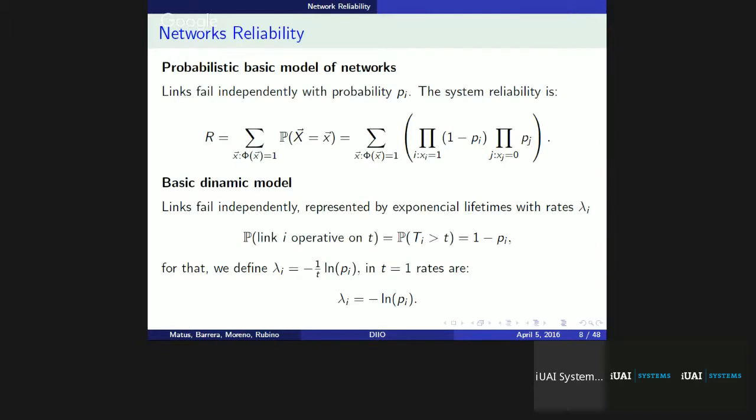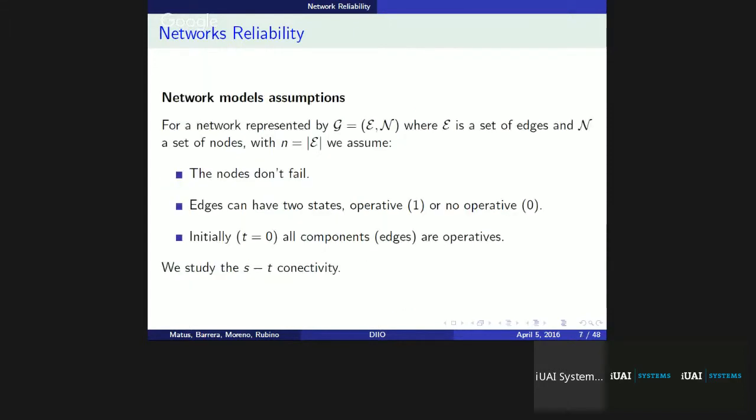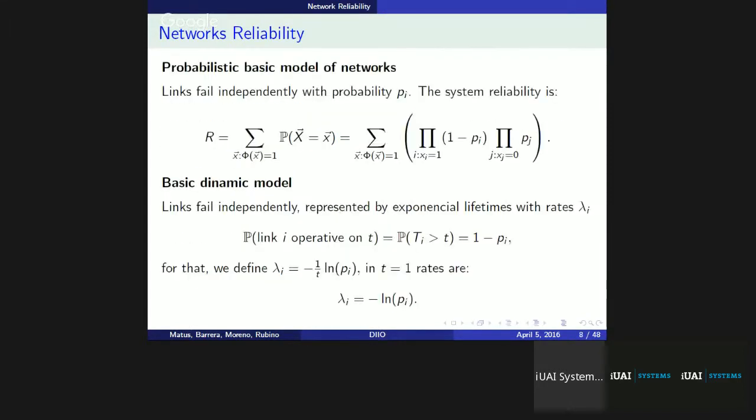So the phi function is the structure function that indicates whether the system is operative or not. The whole system, not the component, using the ST connectivity. This is the binary function to see if it is operative or not. Oh, exactly.